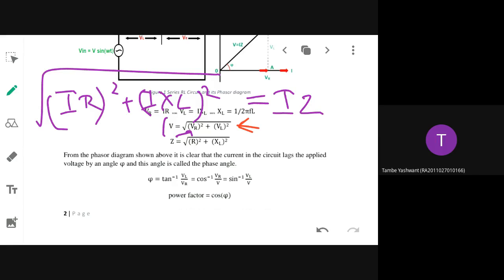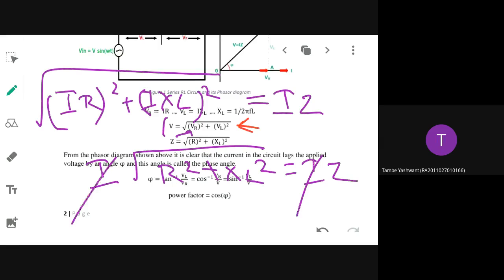I squared I can take out and cancel with the square root. Inside the bracket I will have R squared plus XL squared, and on this side IZ, so I will get cancelled. So this becomes my formula for Z. Z represents impedance. This impedance formula you have to remember.